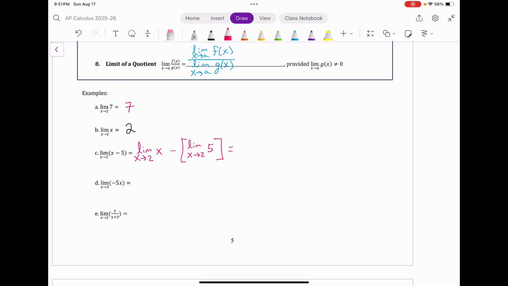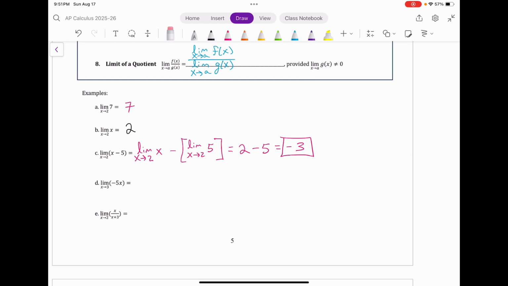This would just be 2 minus 5, which is negative 3. Okay, and then on D we have a polynomial or a monomial. We can just plug in the 3 that we're approaching. So it'd be negative 5 times 3, which is negative 15.